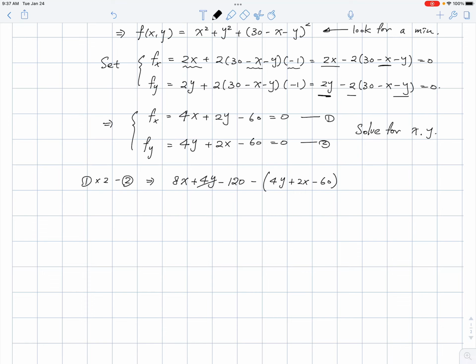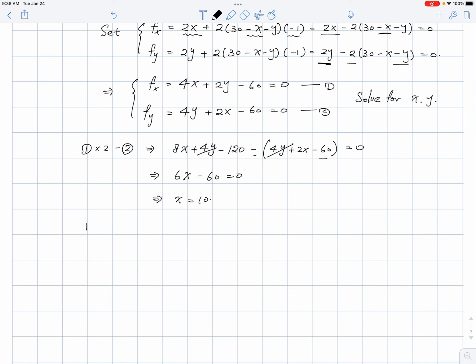Let's see what we get. The 4y cancels the 4y here, and then this is 6x minus negative negative, so minus 60 equal to 0, which tells us x is equal to 10.